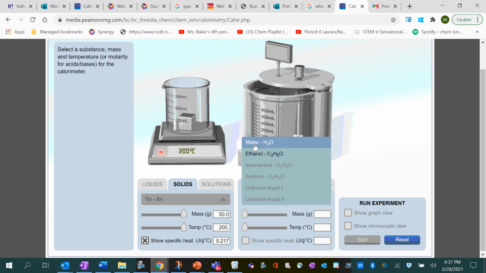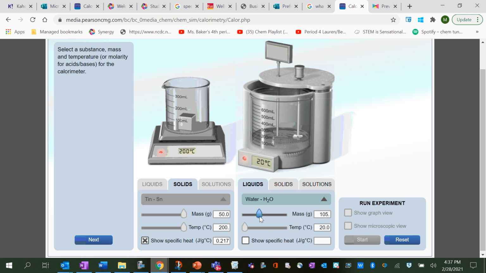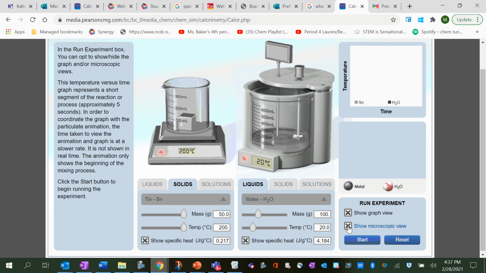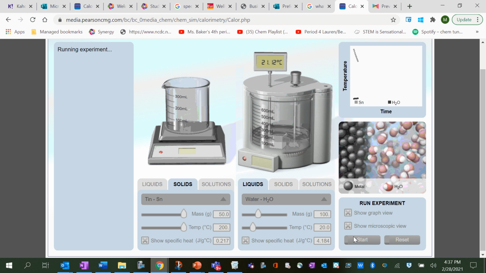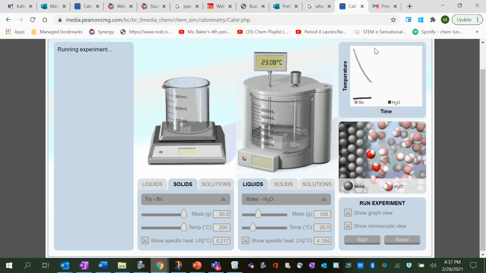All right, let's get ready to run the experiment. So we're doing water, and we're doing a mass of 100, temperature. Why not show the specific heat? And next, show the graph and the microscopic view. Here we go. So the hot tin is being added to the water, and you can see the water is heating up, the tin is cooling down, and this will keep running until they reach equilibrium, till they're at the same temperature.